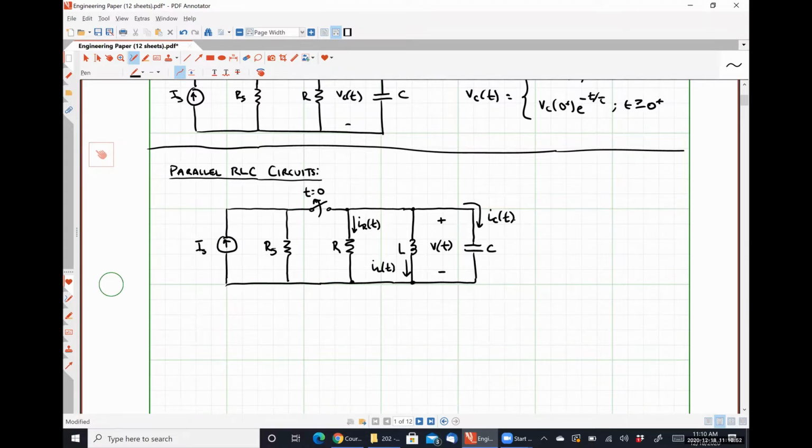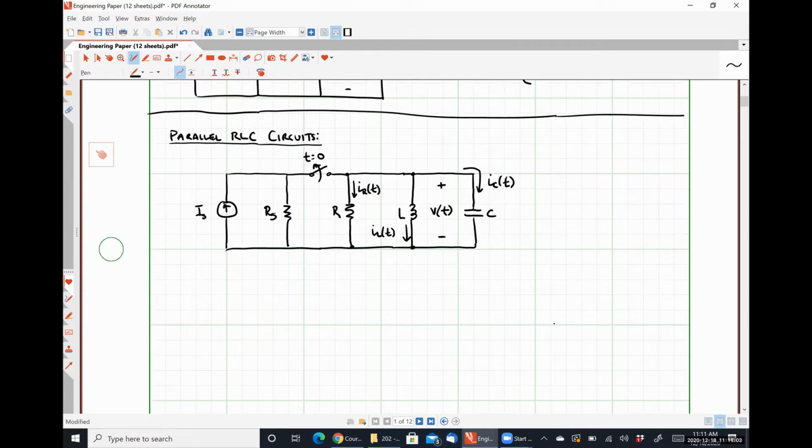So during the transient condition, after our switch has opened and disconnected our practical current source, if we applied Kirchhoff's current law to our topmost node, we would get the relationship IR plus IL plus IC is equal to 0, right? All 3 currents are leaving the top node, so when we add them together, we set it equal to 0.